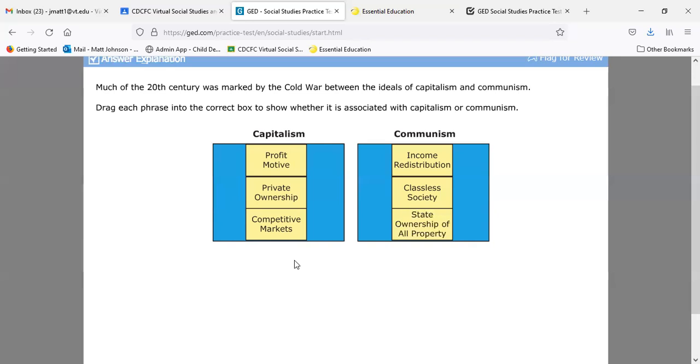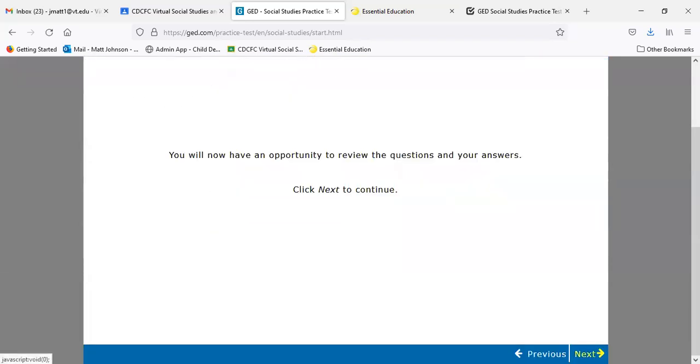You don't have a lower income class, you don't have middle income, you don't have high income. It's one class. And then state ownership of all property, right? So whether it's like socialism, which communism is a form of, much of your property is owned by the state. The production of goods and services is typically owned by the state, right?